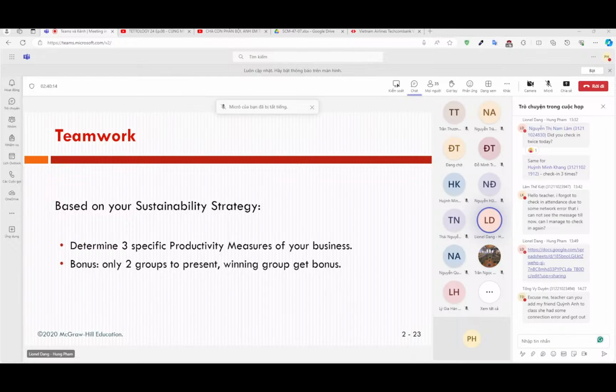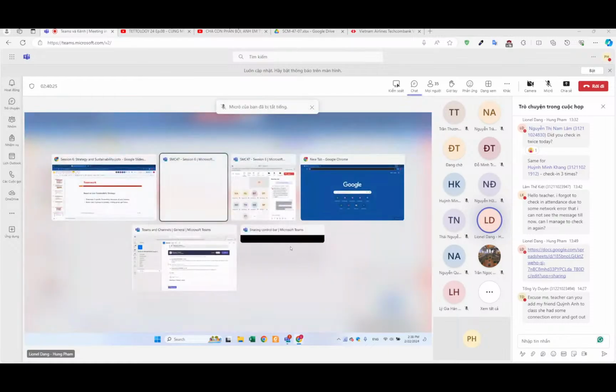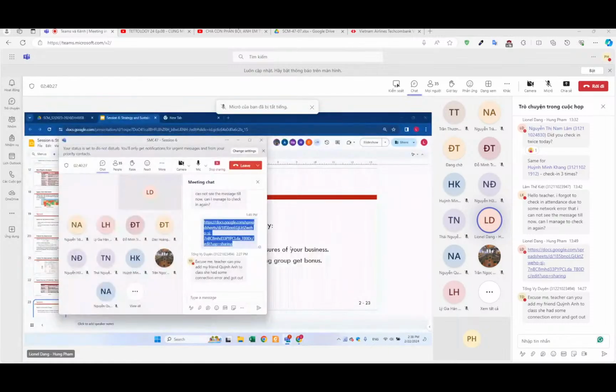Which group finishes first and wants to volunteer to present to get the bonus, please put in the chat whenever you are ready. I only select the first 2. When you're ready, you go to this chat and you put your group name. So I will take the first 2 to present.